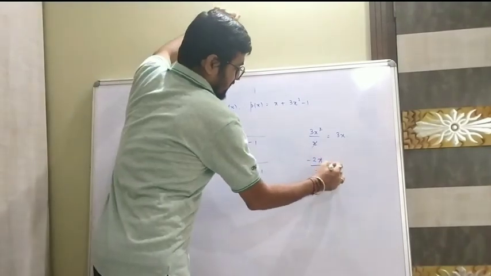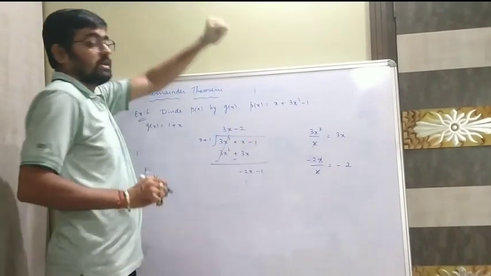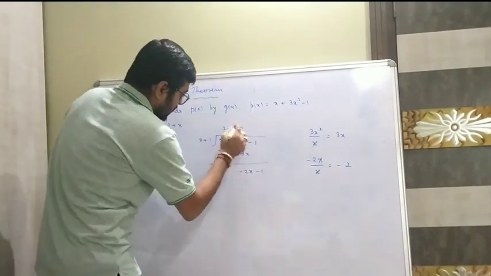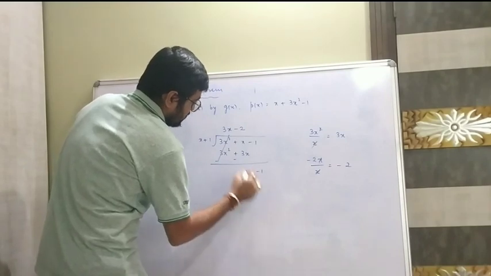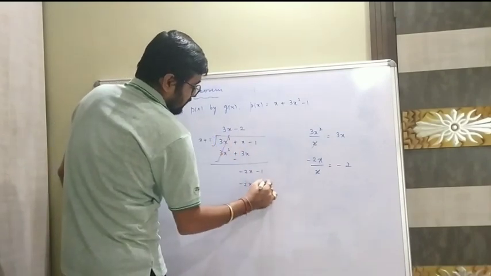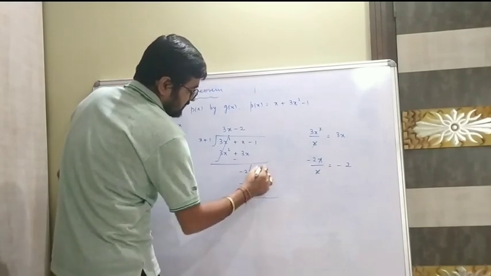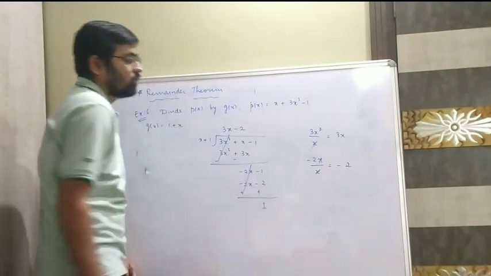So the x's get cancelled and I get minus 2. That I will put over here, minus 2. Simple. So again, minus 2 into x is minus 2x, minus 2 into plus 1 will be minus 2. So plus and plus, these two get cancelled, minus 1 plus 2 is 1.